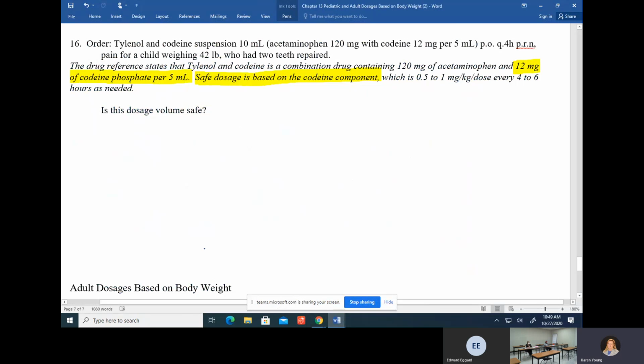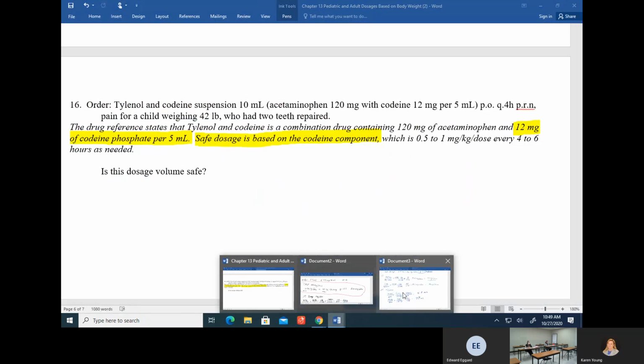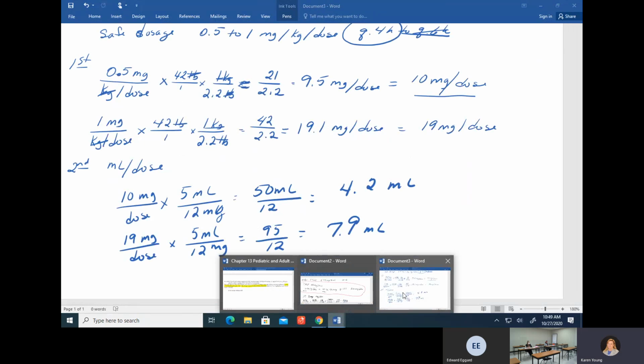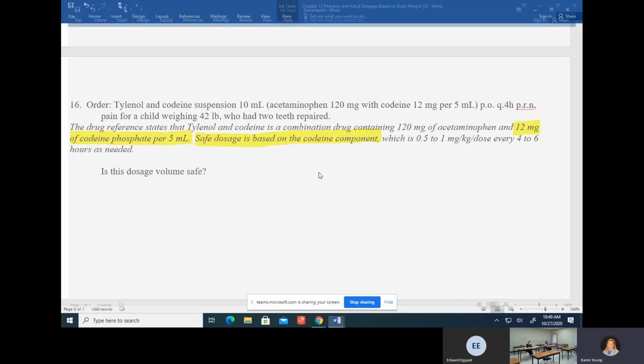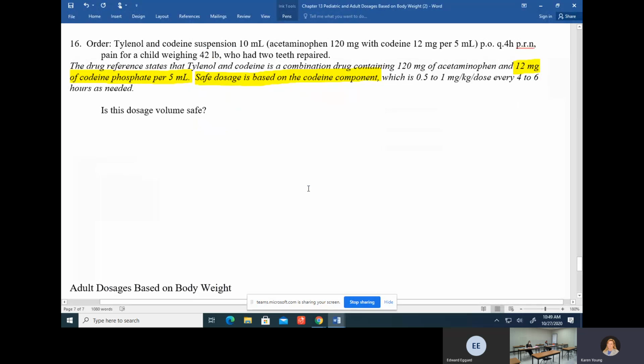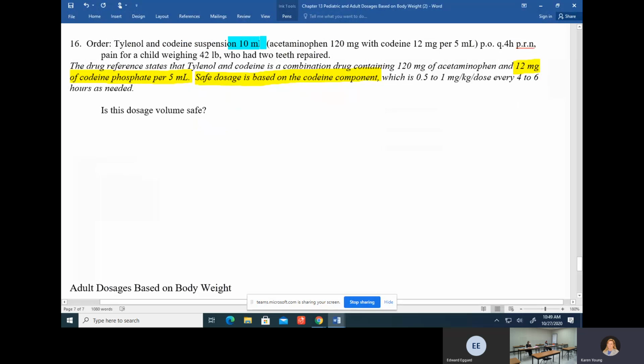Okay. So y'all want me to work that one again? Yeah. Let's work it right here. All right, so my order is 10 milliliters. All I have to do with the acetaminophen, the Tylenol, and the codeine is make sure that they match what is in my drug reference, okay?